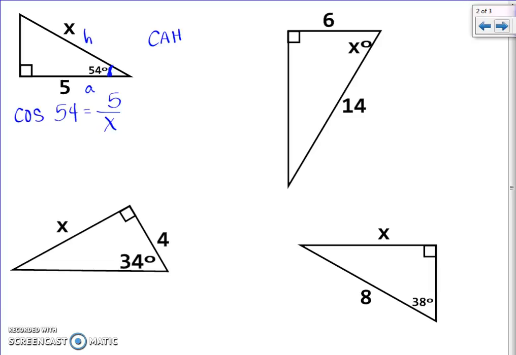All right, what do we always do to solve these? We don't always multiply by x, but we always multiply by whatever's in the denominator, okay? So we've got x and x, which gives us x cosine 54 equals 5. Okay, is x by itself? No. Okay, so we've got to divide on both sides.